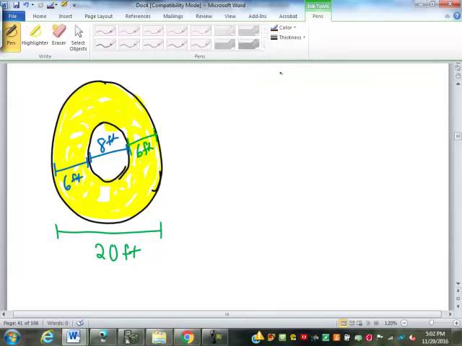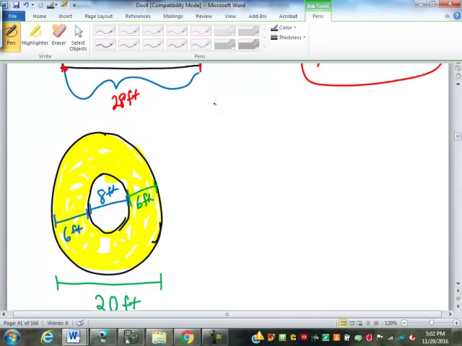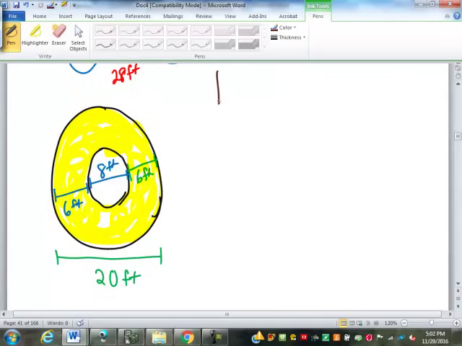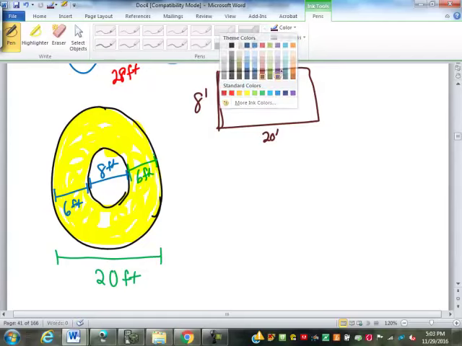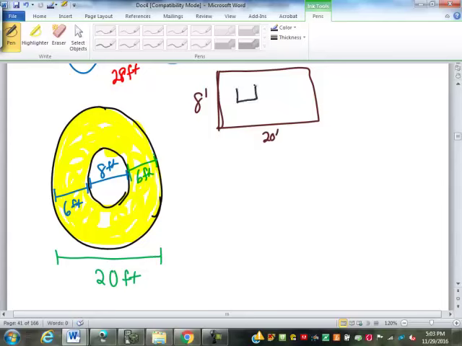That's a very good start. Think of, what if I did this? Let's say this is 8 feet by 20 feet, and I cut out a piece that's 2 feet by 5 feet.